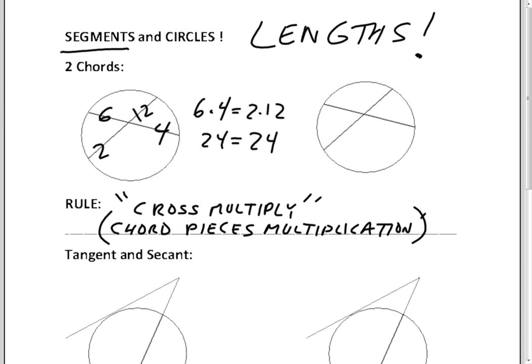They called it cross multiply because that's what it looked like. You were doing that times that, you were doing that times that. When do we cross multiply usually? Proportions. Where did we use proportions the most in our past units? Triangles. What kind of triangles?